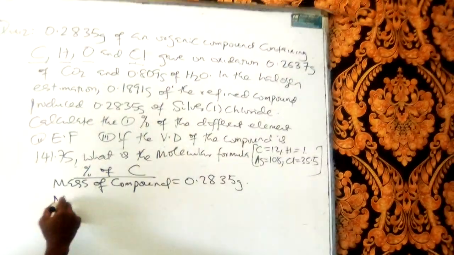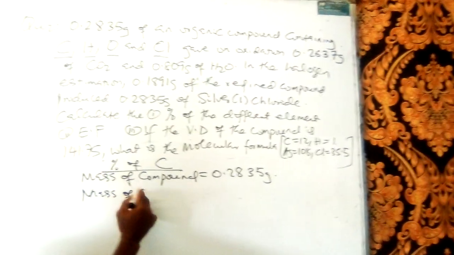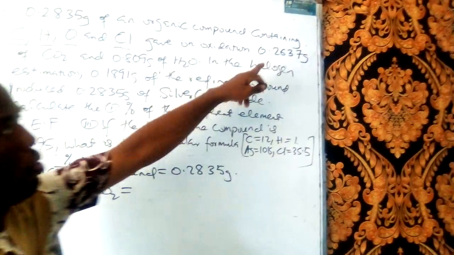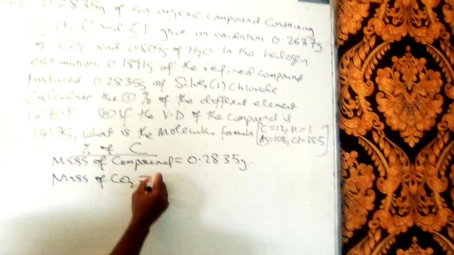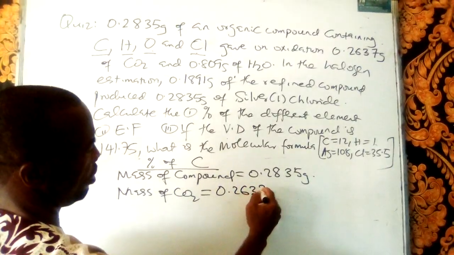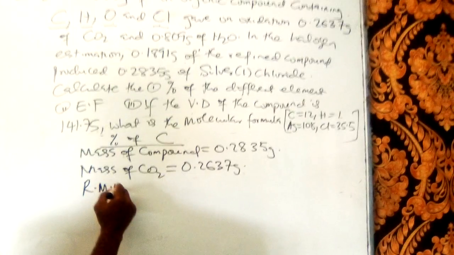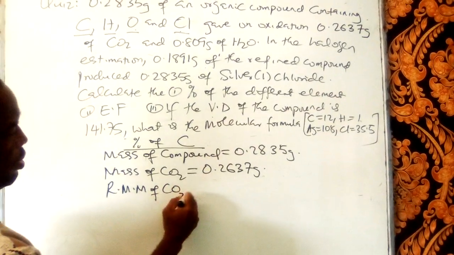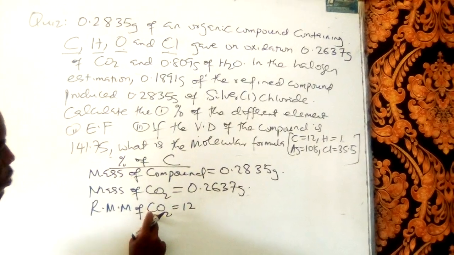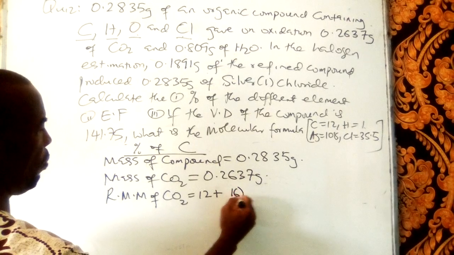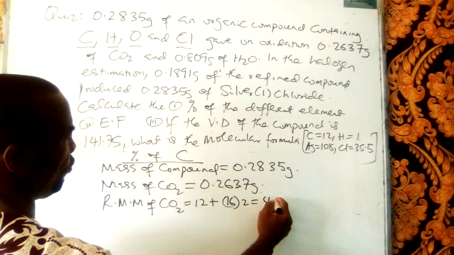Then mass of carbon dioxide produced in the combustion is 0.2637 gram. Then, as we did before, find the molecular mass of CO2. When you calculate it, carbon is 12 from the atomic mass value, also oxygen is 16 multiplied by 2, that will give us 44.